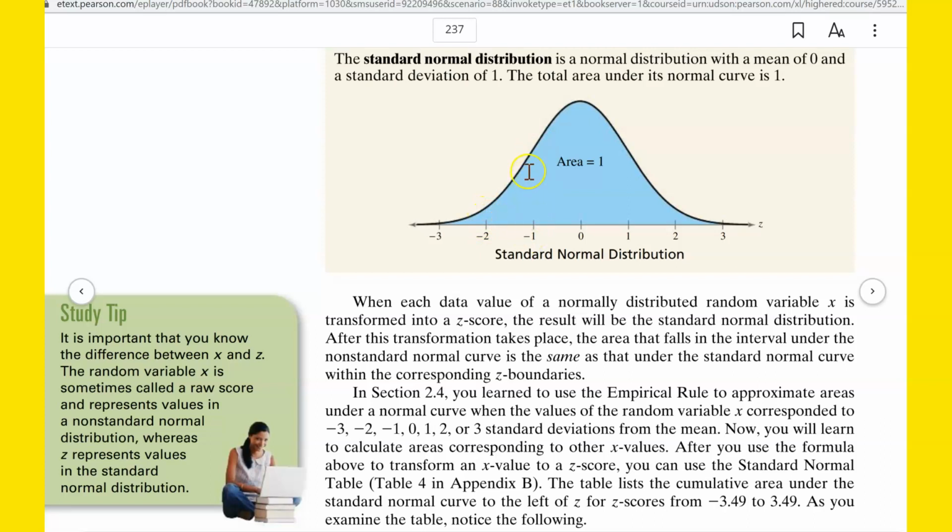At -1, you start to get some decent amount of area. At 0, what area do we have to the left of 0? Well, since the total area is 1, exactly half of that is to the left of 0, so it would be 0.5. All right, how much area do you have once you get to 3? All the cumulative area once you get to 3 is almost all of it, so almost 100% or almost 1.